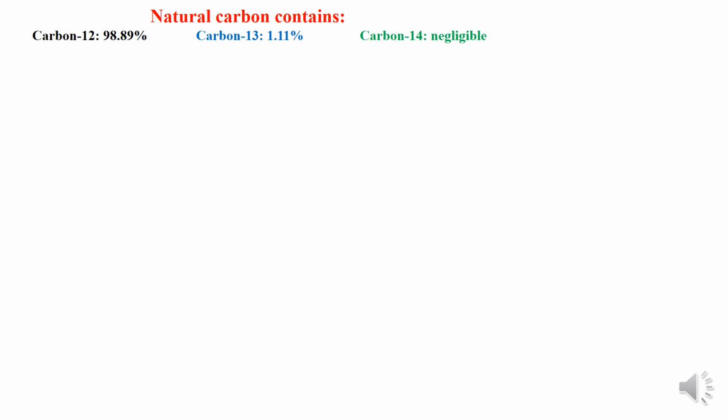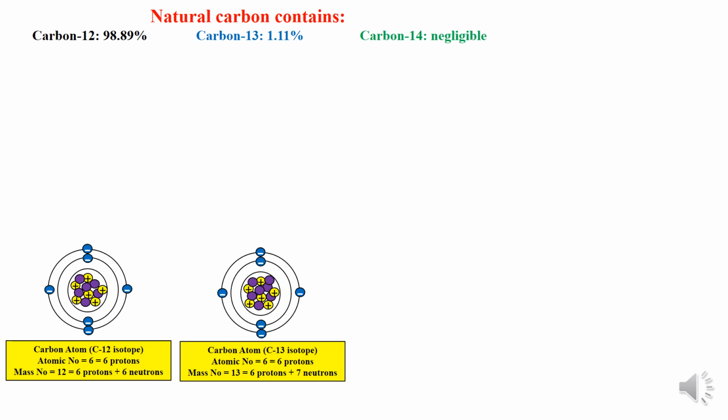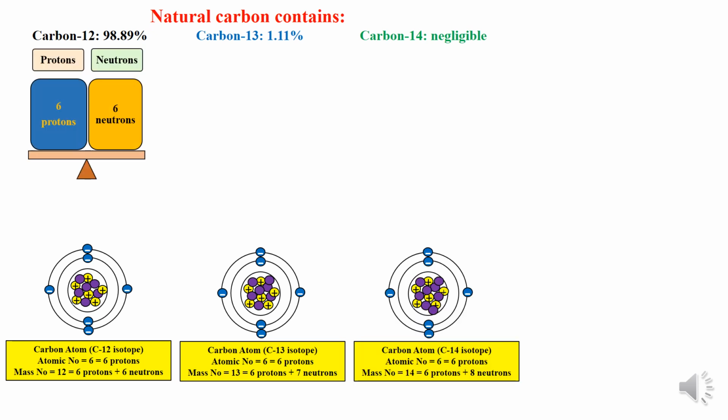So in the case of C14, its presence is very negligible as compared to C12 and C13. So the abundance of C12 is more as compared to C13 and C14.